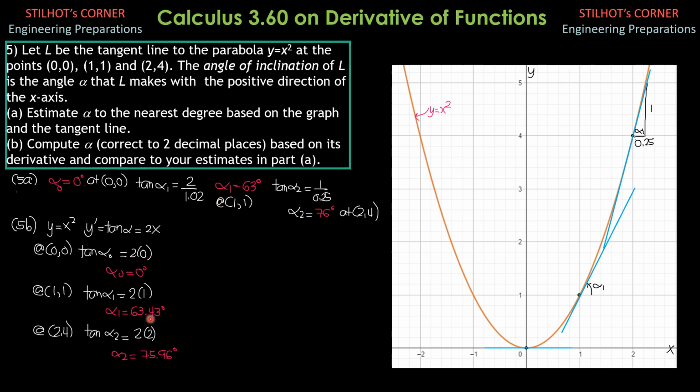Then at (2, 4), we have alpha 2. Tangent of alpha 2 is 2 times 2, x is 2. So alpha 2 is inverse tangent of 4, 75.96 degrees as compared to 76 degrees. So they are also very, very close.